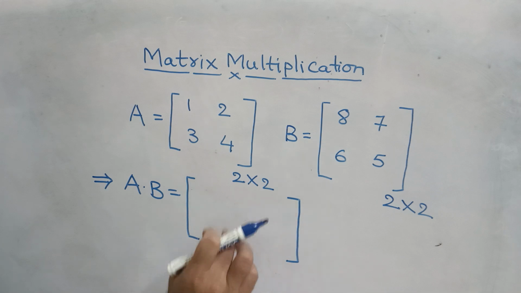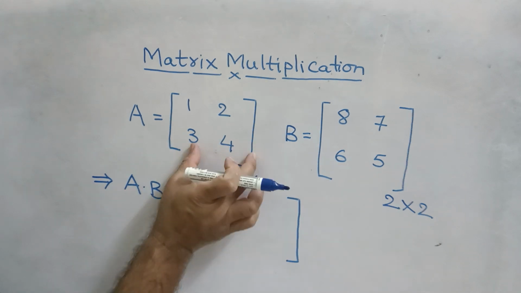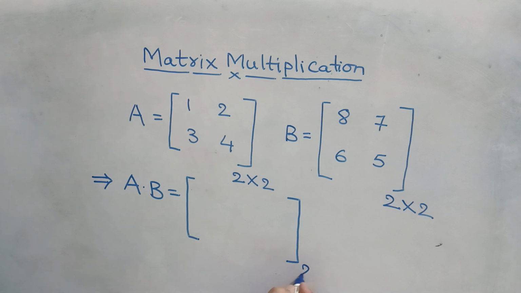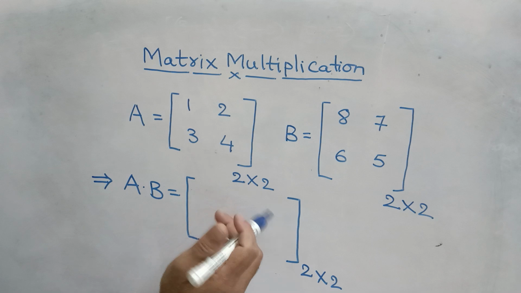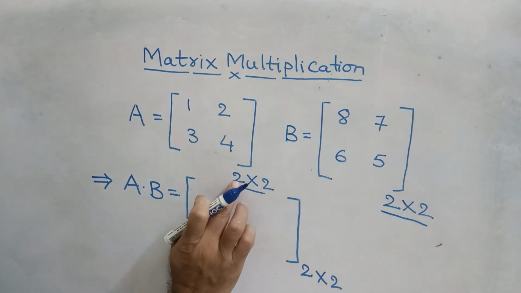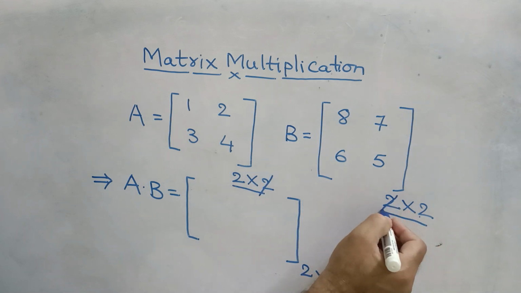How many rows and how many columns does the resultant have? Obviously, if 2 by 2 matrices are multiplied, then your answer must be 2 by 2 only. Remember that the answer is 2 by 2. Here in 2 by 2, the second 2 cancels out, and in this the first one cancels out.